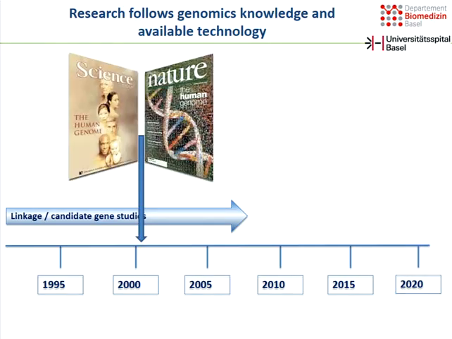Then in 2001, the Human Genome Project was finished, so we had a reference sequence of the human genome, and that started an enormous technological development. All of a sudden, people were interested to have a view on the entire genome. But they knew we don't have the technology to really look at the entire genome.